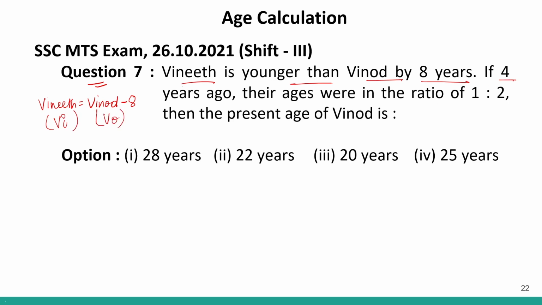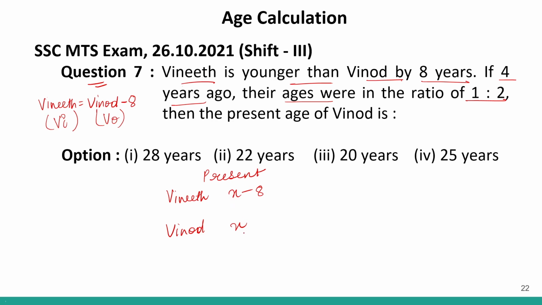If 4 years ago their ages were in the ratio 1:2, that means 4 years ago, this is their present age. So let's say the present age of Vineet and Vinod. If the present age of Vinod is x, the present age of Vineet will be x minus 8, because Vineet is 8 years younger than Vinod.